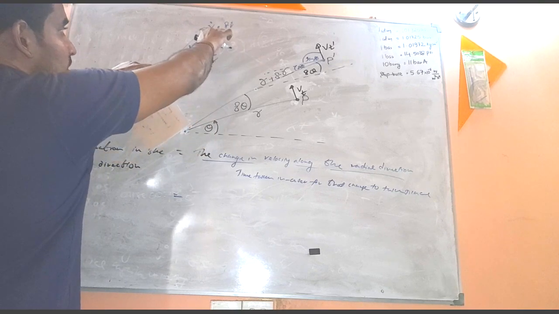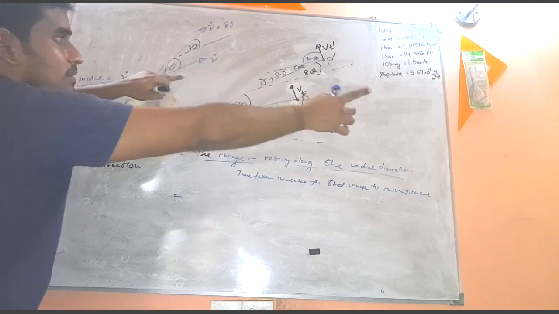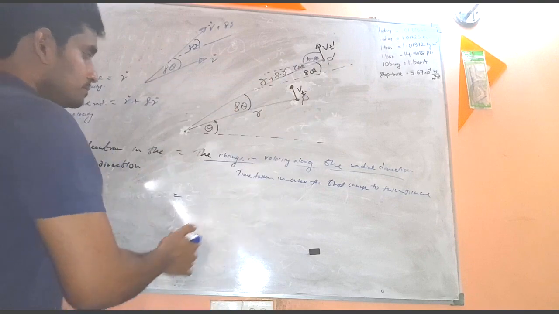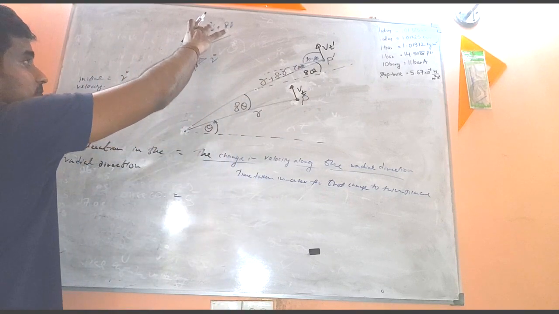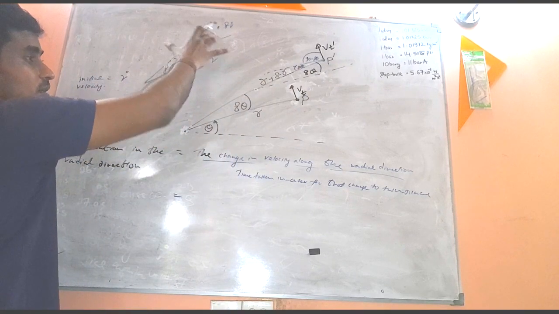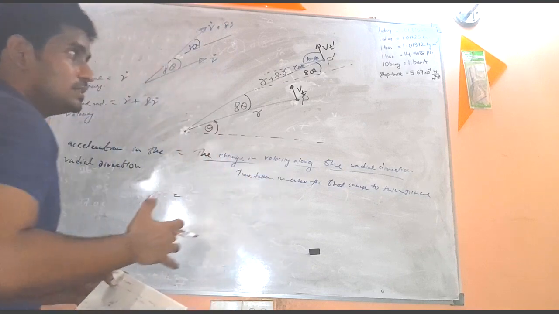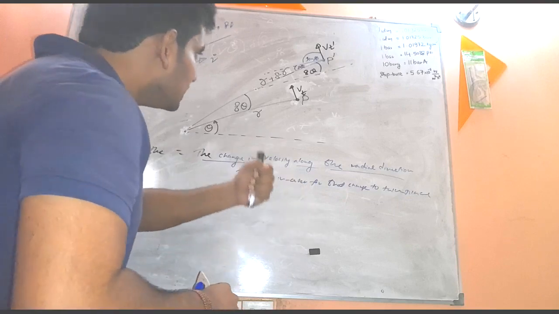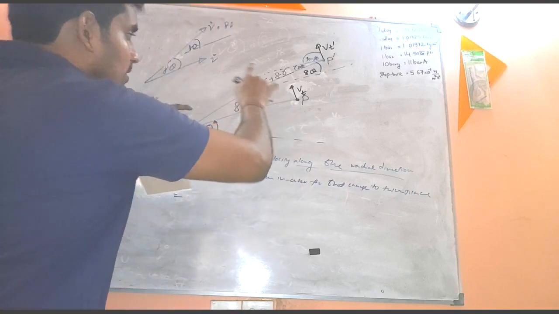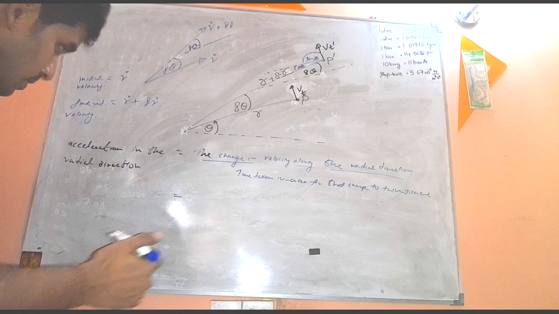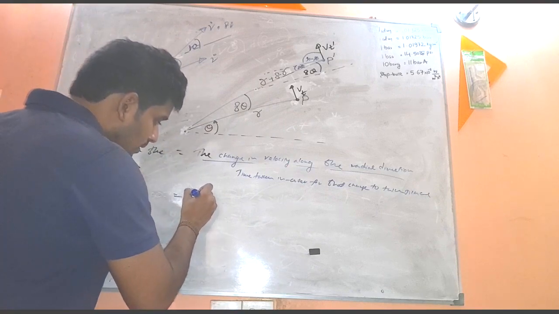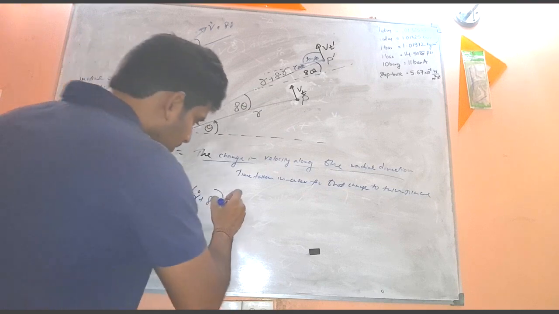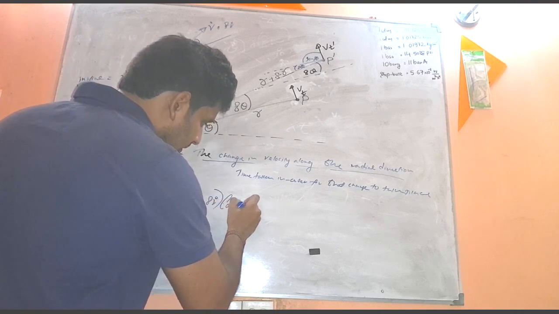Because we are going to take the horizontal component, because we have to take the change along one considered direction. So what is that one considered direction? That is the original direction of the motion, right? So that will be R dot plus delta R dot times cos delta theta.